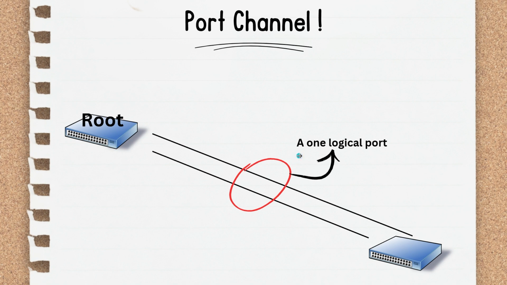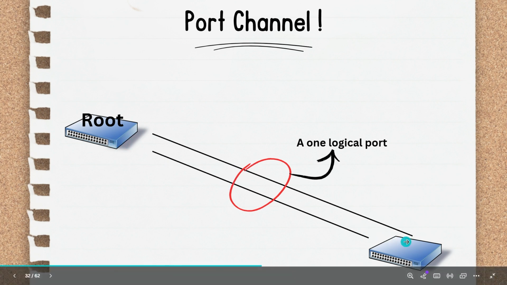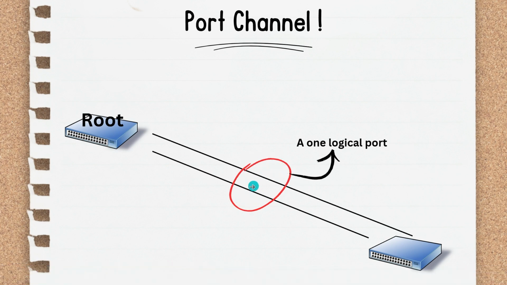What if we can bundle these two ports in such a way that they appear as one logical link to these two switches, so that none of these actual physical ports gets blocked by the STP, because now these two physical ports are one logical port.